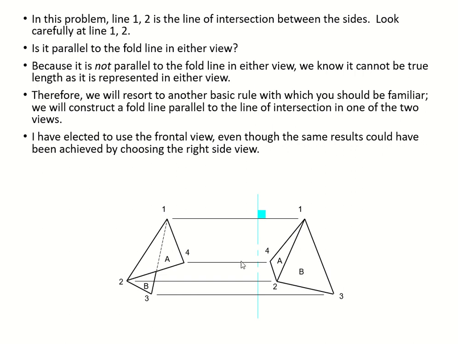Look at it very carefully: they're definitely not parallel to the fold line. This one has an angle, and that one also has an angle. That's the first thing you determine. Therefore we have to solve with the alternative method to get the true angle.